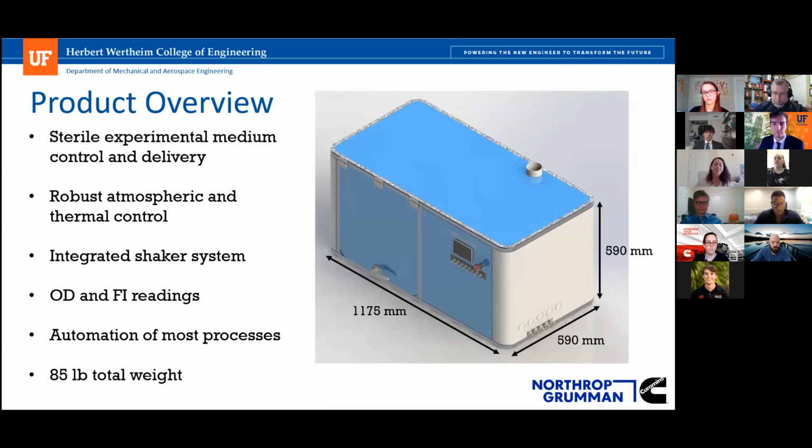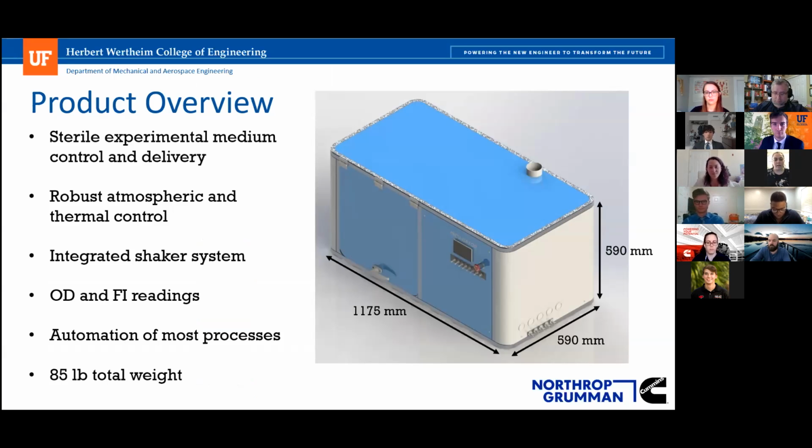Now we're just going to talk about a little bit of our product overview. We use the full size requirement outlined in the customer needs, and those dimensions can be seen on the picture.